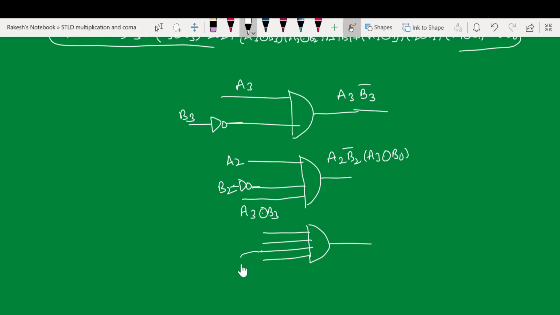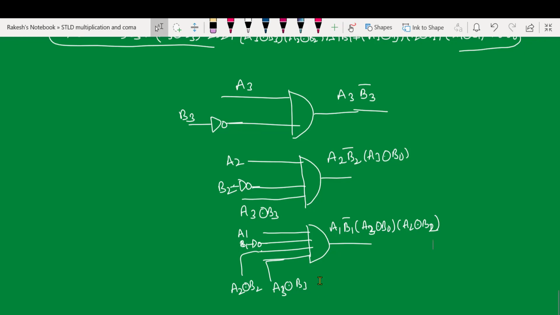Your inputs are A3 XNOR B3, A2 XNOR B2 and A1 XNOR B1, and A1 and B1 with a NOT gate. So this is nothing but your A1 into B1 bar times A3 XNOR B3 and A2 XNOR B2.